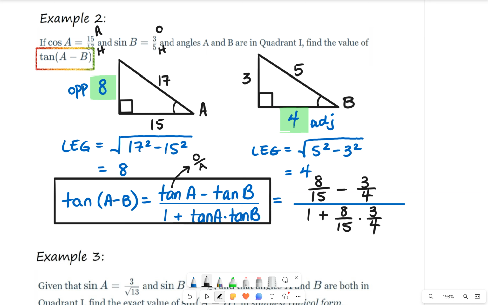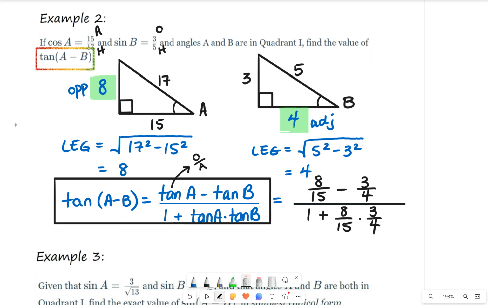And now all you're going to do is type that into your calculator device. If you're using the TI 84s that we have in the classroom, use the alpha y equals button so that you are able to come up with this stack fraction division bar. And then once you do that, do alpha y equals again, because you will need to create a stack fraction to start off with the 8/15.